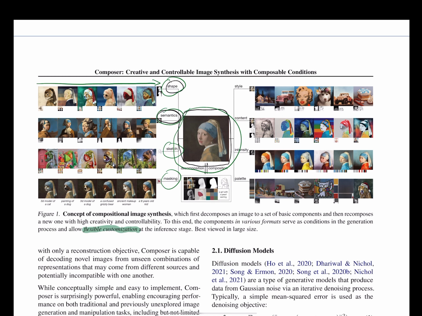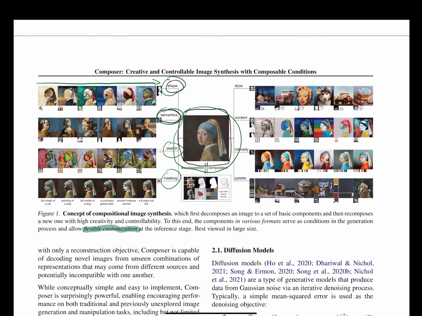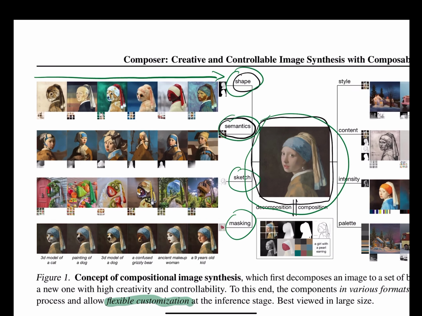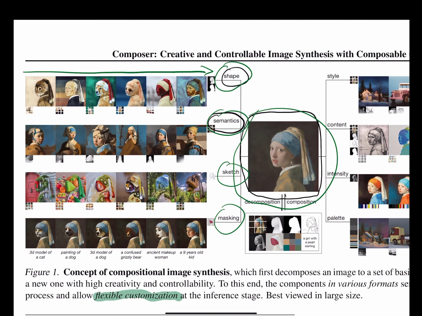Now, in this image here, that becomes super clear because, for example, they're doing a bunch of variations on top of an image, but they're maintaining the shape. Since you can control shape as a composable element of the image, you can keep it fixed and then change other stuff about the image.